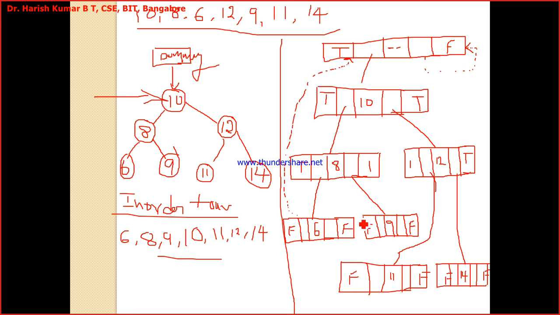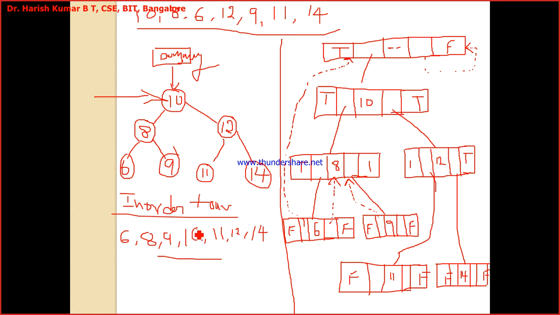Correct? And next, from here it is going, and the right link of 6 is also a null pointer. Now after 6, what do you have? 8. That means you have a thread from here to here. Okay. Next, take the left link of 9. So you have 8. That means from here there is a thread to 8 again. Then take the right link of 9.